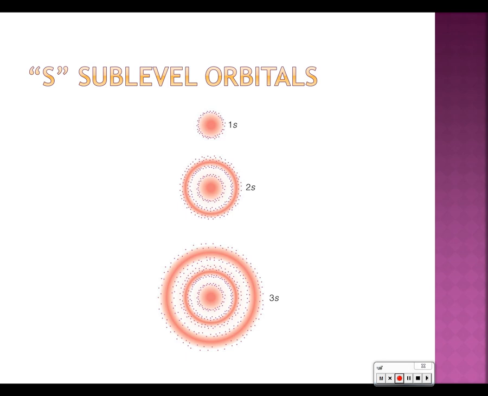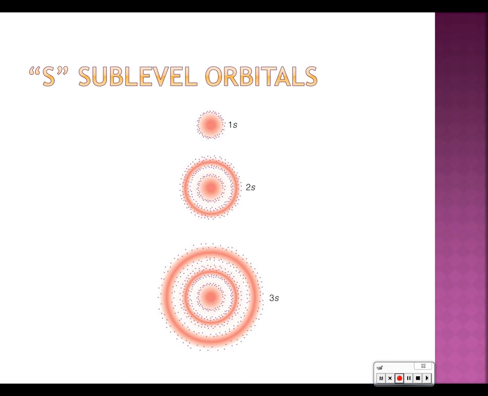So they completely enclose the previous one. They don't necessarily touch, there's some space, but they do all enclose everything that's inside of it. Every principal energy level starts with a sphere, an S sublevel.